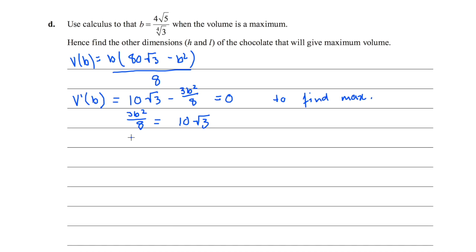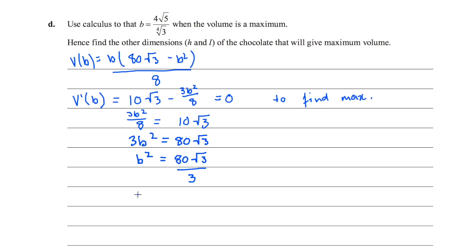All right, then we're going to multiply both sides by 8. b squared is equal to 80 root 3 on 3. And then we have to take the square root of both sides.